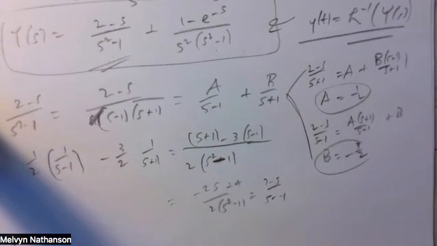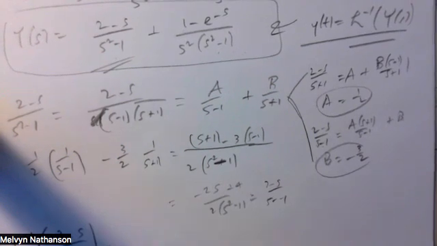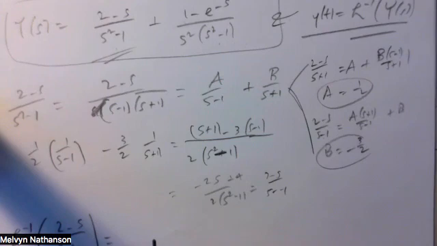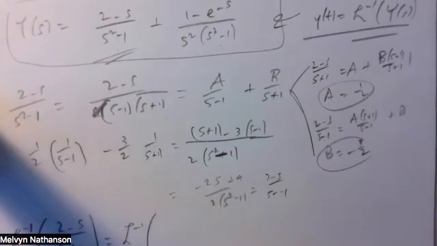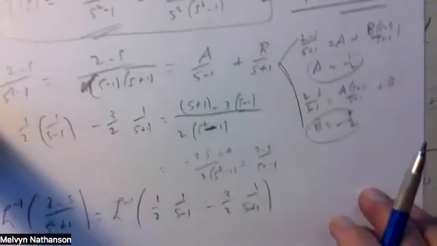So the inverse Laplace transform of (2 minus s) over (s squared minus 1) is equal to the inverse Laplace transform of 1/2, 1 over s minus 1, minus 3/2, 1 over s plus 1.